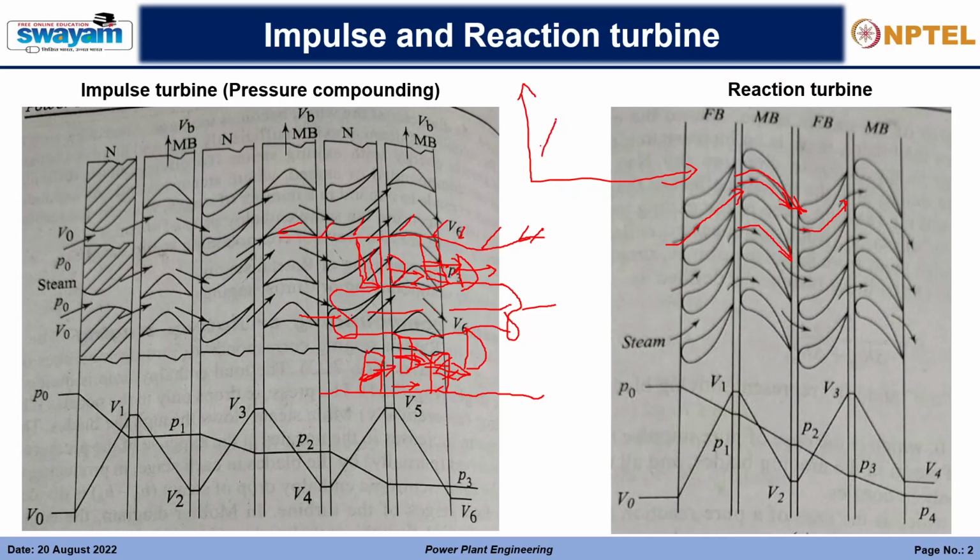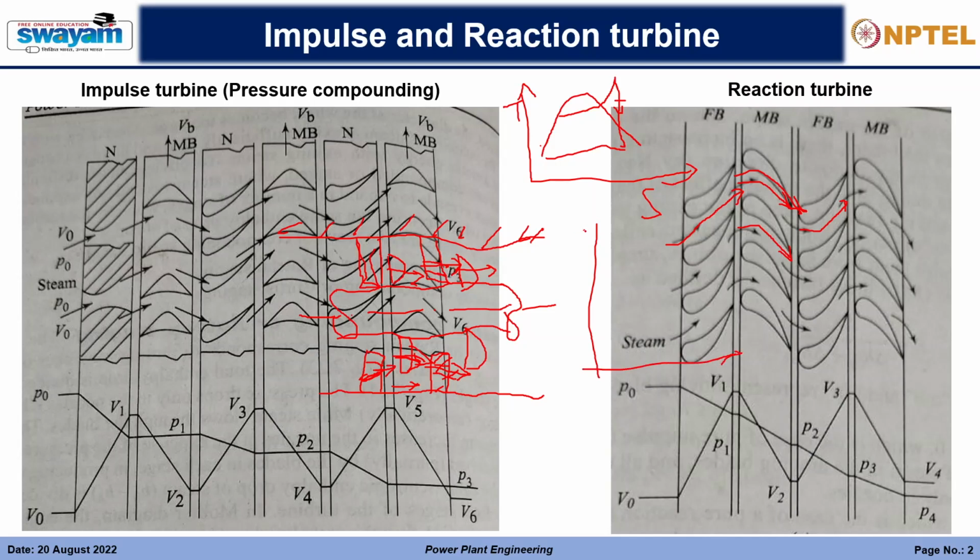If I draw a TS diagram, this is the boiler part and this is the turbine part, right? So here is the turbine. If we use only one set of moving blades, it will come down only till here, because most of the steam is going past. Just visualize: the moving steam also has a lot of energy, a lot of enthalpy.